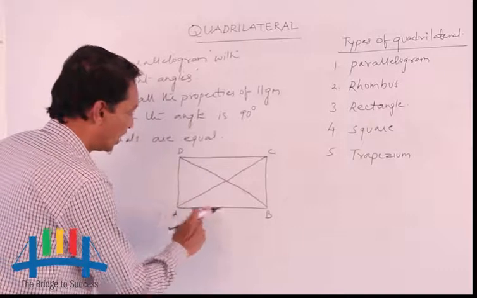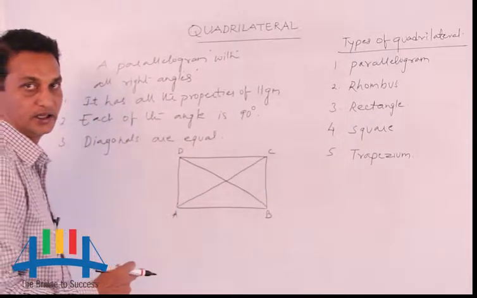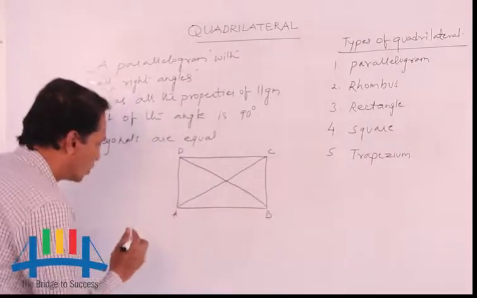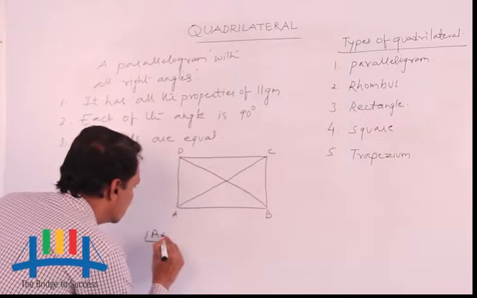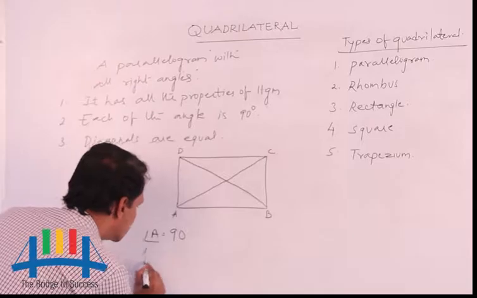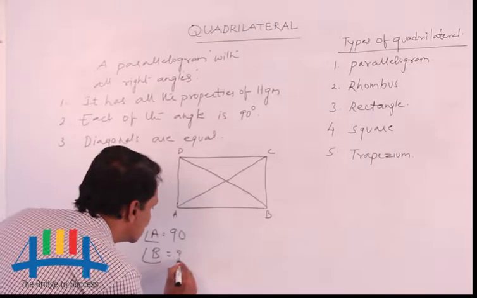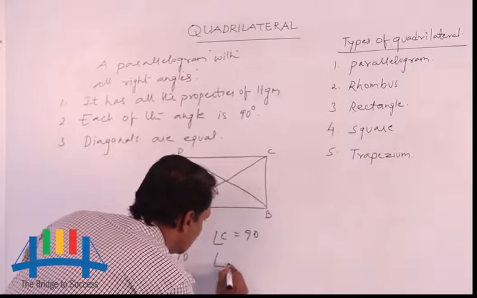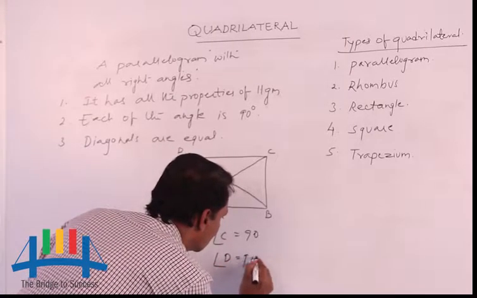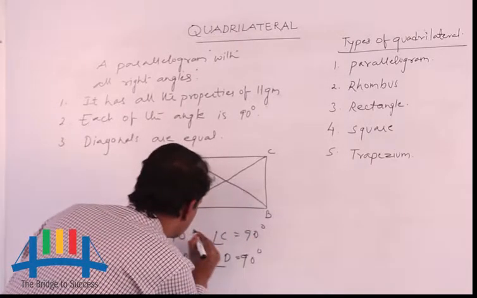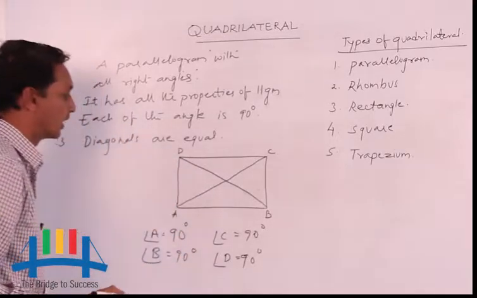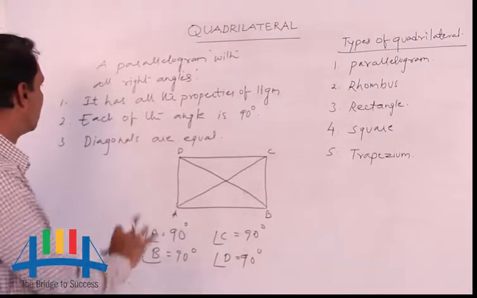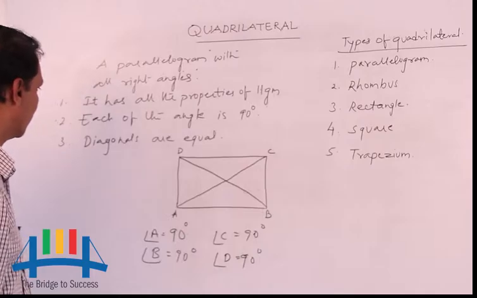If ABCD is a rectangle, angle A is 90 degrees, angle B is 90 degrees, angle C is 90 degrees, and angle D is 90 degrees. All four angles are equal to 90 degrees.